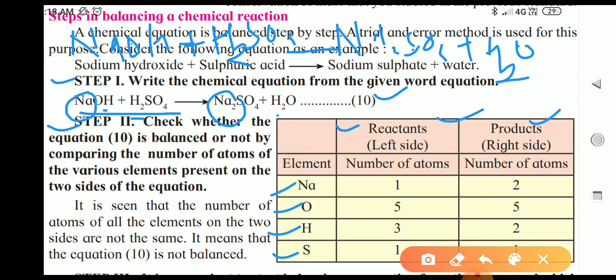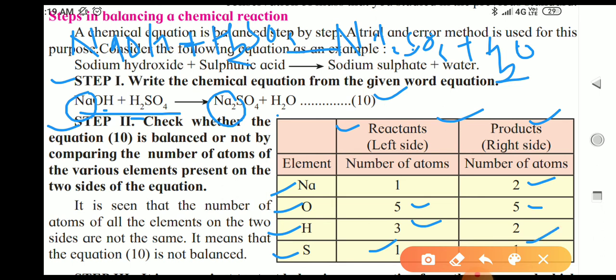So sodium to the reactant side here 1, and in case of product sodium is 2. Oxygen in reactant and product both are equal, oxygens are 5. Then hydrogen in reactant side there are 3 hydrogens, and in product side there are 2 hydrogens. And sulfur is 1 towards reactant side and 1 towards product side.